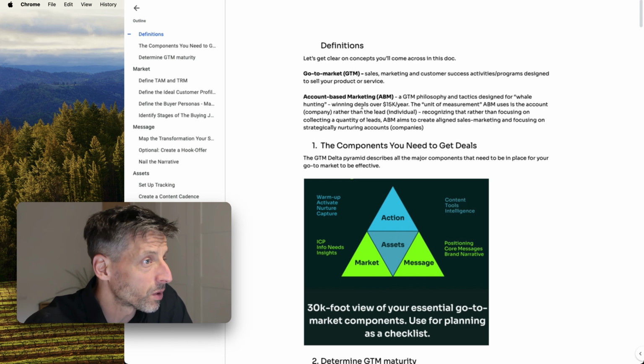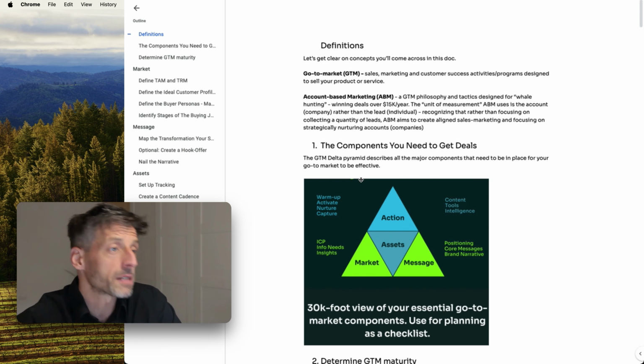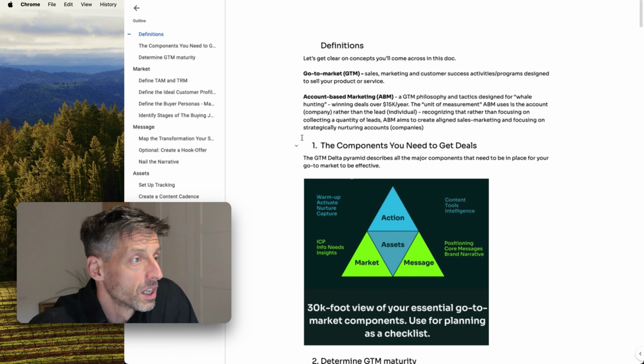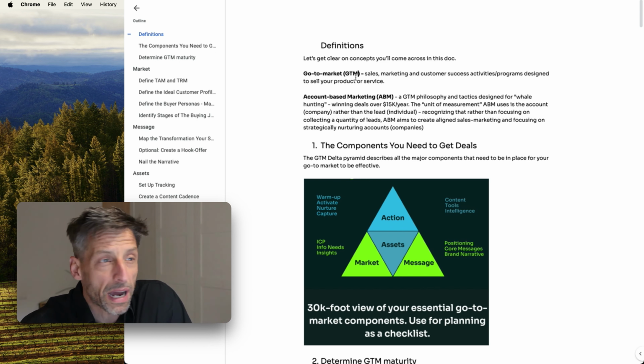So definitions. Number one, got to get clear on a couple of concepts before we dive into this. So what do people mean by go-to-market?